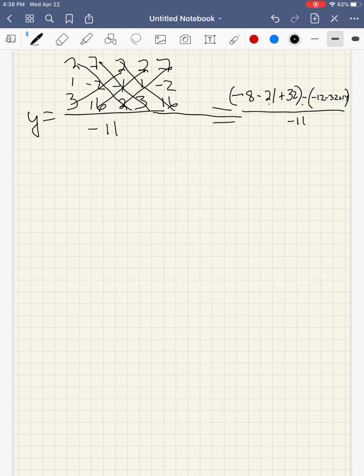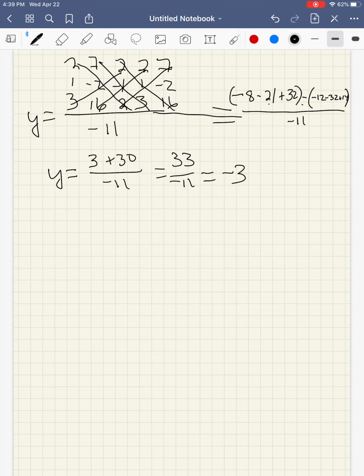So that's minus 29 plus 32 would be 3. And then this will be minus 44 plus 40 would be minus 30, so it would be plus 30. So this is 33 over negative 11, so that's negative 3.